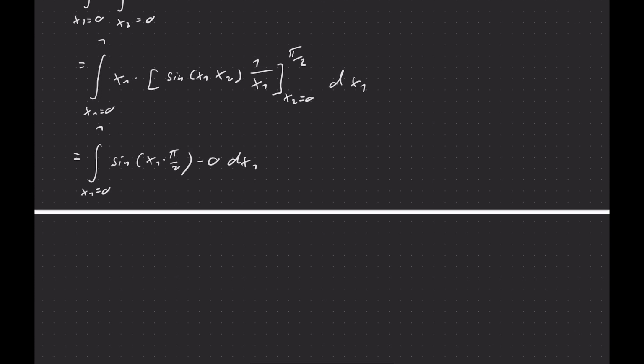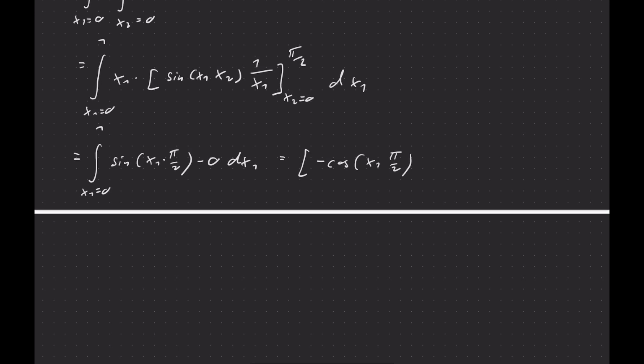And again, we need to integrate a sine expression. The integral of the sine is the negative cosine. So that's going to be an expression with a negative cosine in there, x1 pi over 2. And again, if we differentiate this expression, we get back the sine of x1 times pi over 2.